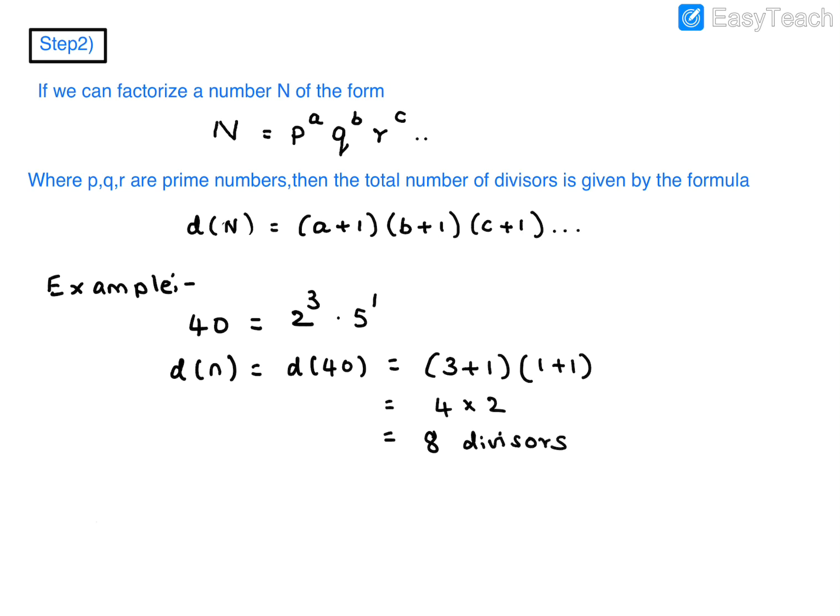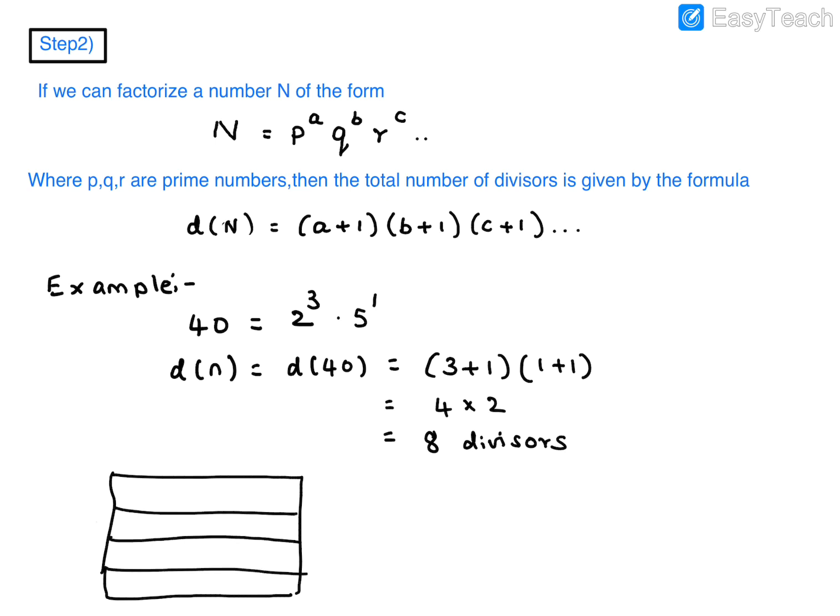Let's expand this and see if that is totally true. Say 40 has a number of divisors, right? And let's see what those divisors are. I can say 2 to the 0, 2 to the 1, 2 to the 2 and 2 to the 3.